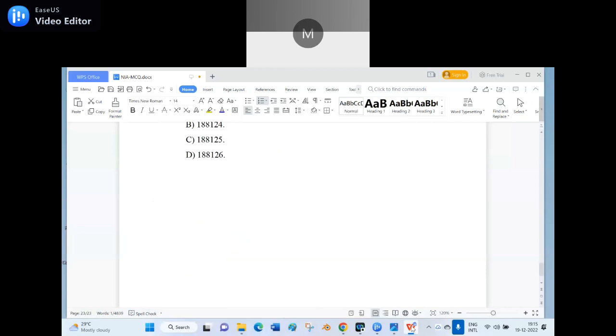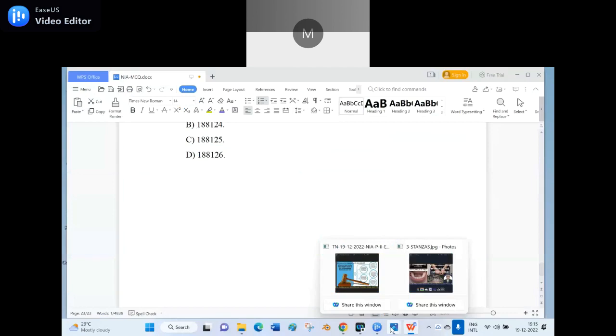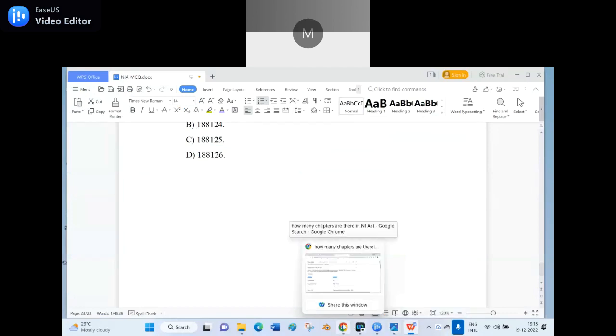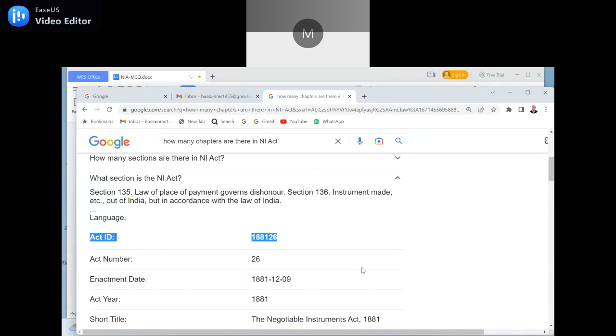Another point which I want to make here is, let me check whether it is there or not, because I kept it open. The files. Yeah, here it is given. I don't know whether you could see it or not. NI Act MCQ. See, Section 135: the law of the place of payment governs the dishonor. 136: instrument made out of India but in accordance with the law of India.